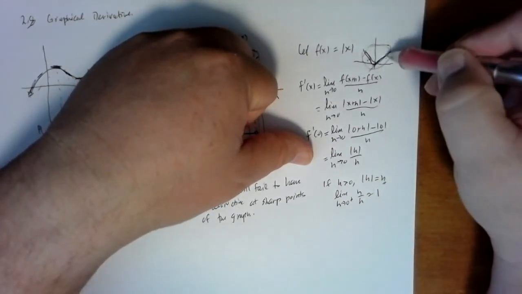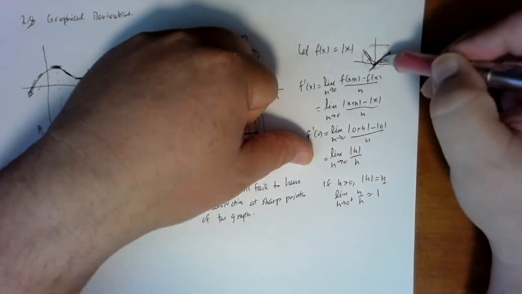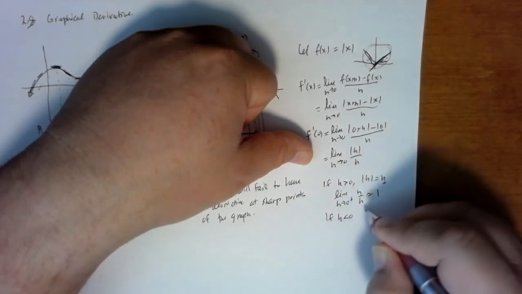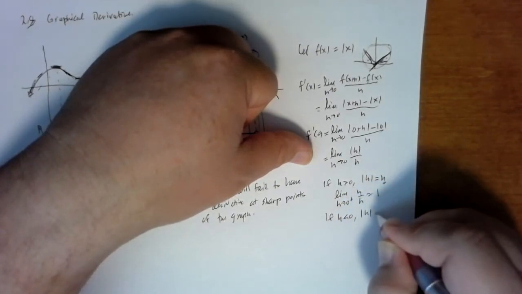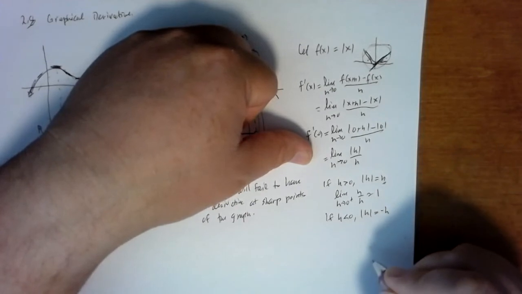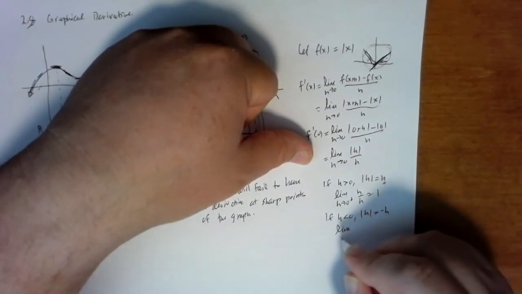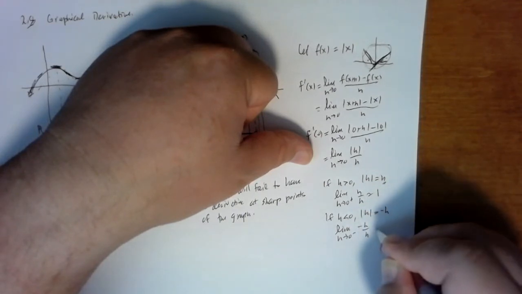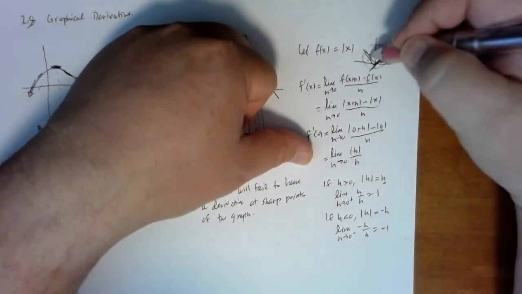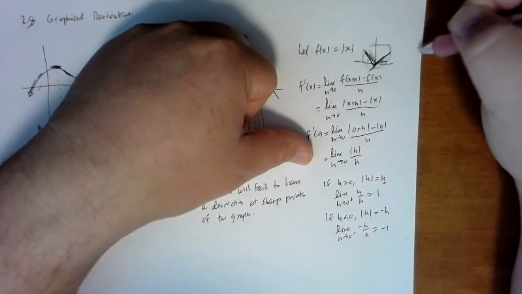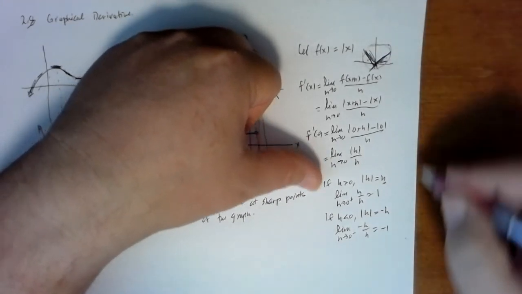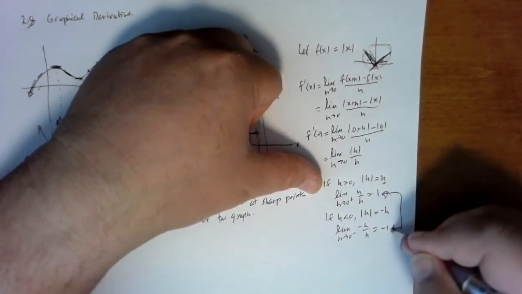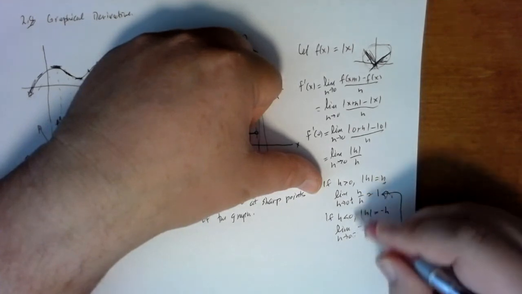We're saying that as we come in from this side, the local slopes are equal to +1. And what's going to happen if I come in from the negative side? I have to replace the absolute value with minus h. Do you see what's coming? As we come in from the left, that's going to be minus h over h, which is -1. So the limits do not equal each other as you come in from the right or the left.